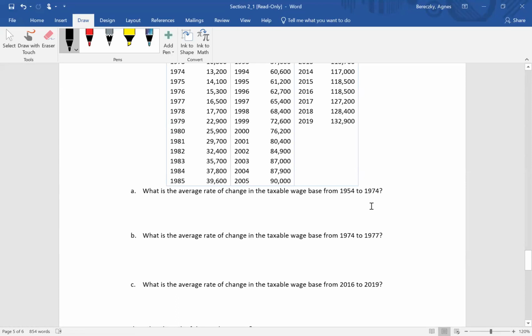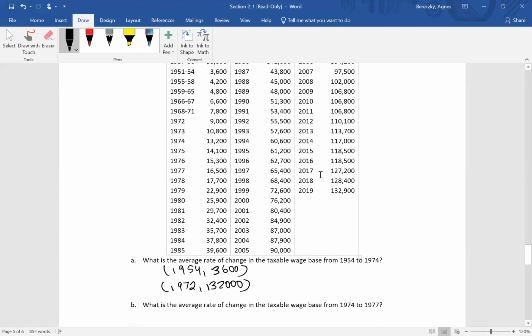So if we go back to our table, we can find out that in 1954, it was $3,600, and in 1974, it was $132,000. So you can go back and look for the year. We had 1954, which is over here, and then 1974, which is over here.